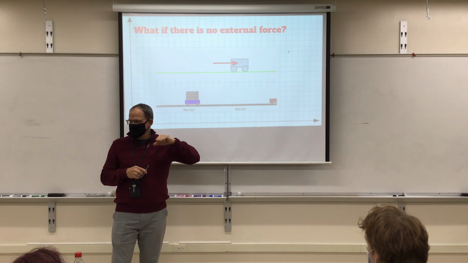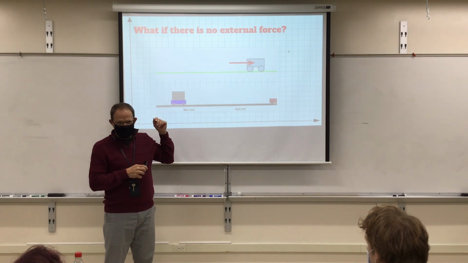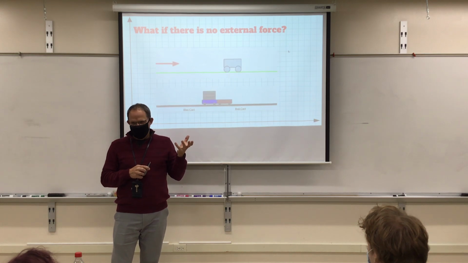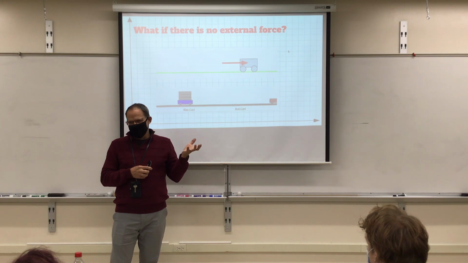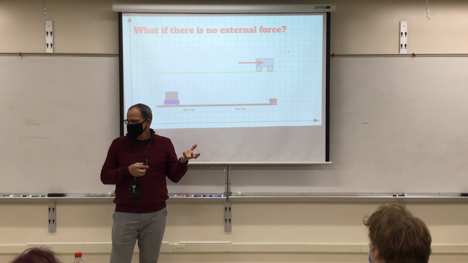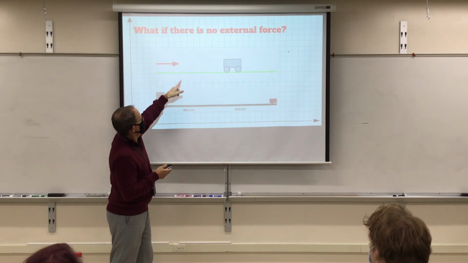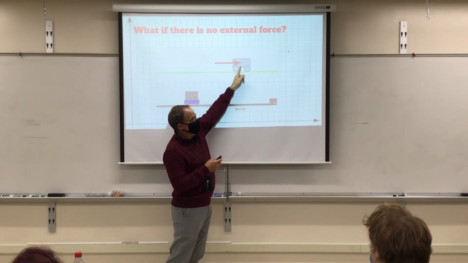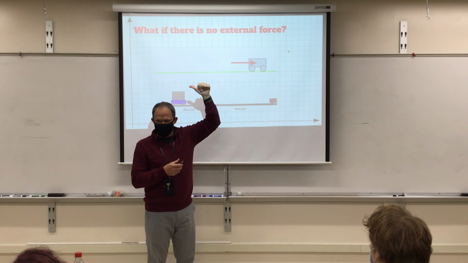Yes. It definitely slows down. And a change in speed is an acceleration. And what causes acceleration? Forces. So there must be a force if it changes speed. So is there a force on the arrow during the collision? Yes. The cart is pushing back on it.